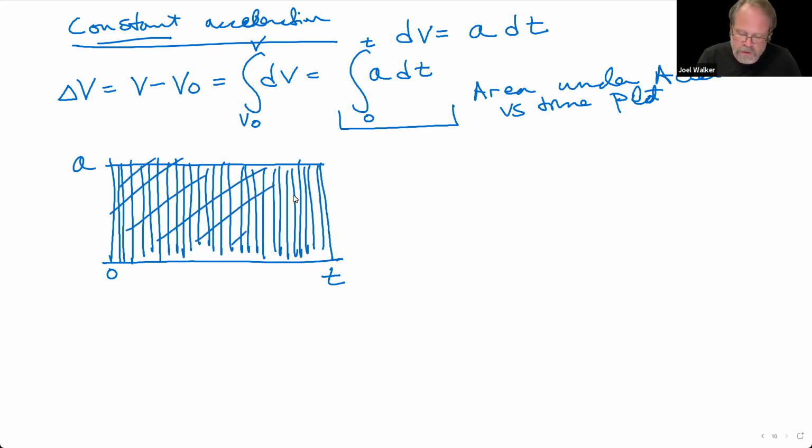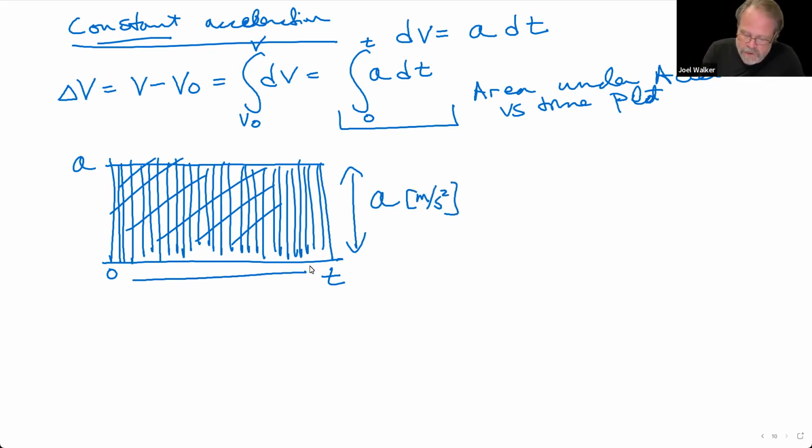Well, what would the total area under the curve be? Well, that's simply a rectangle whose height is a acceleration in units of meters per second squared, and whose width is time t in units of seconds.